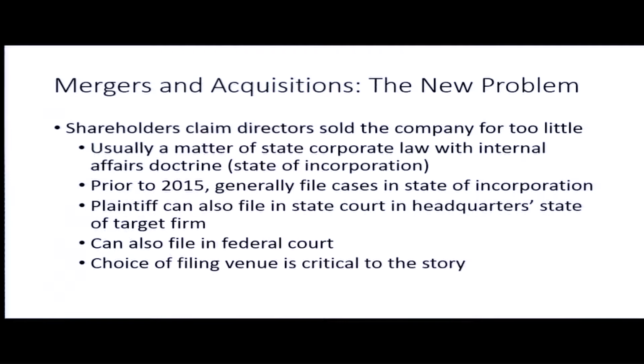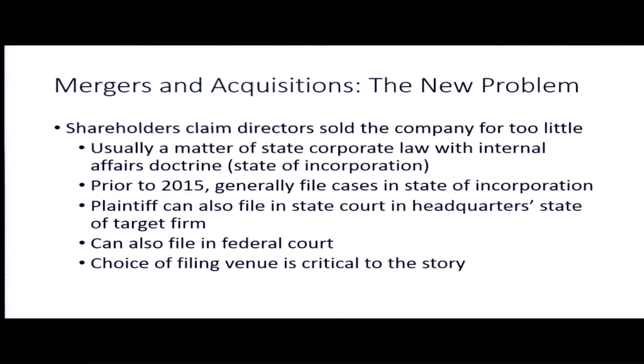But importantly also, there are other options. You can file in a headquarters state of that particular corporation, right? So in my example, the company is incorporated in Delaware, but it's actually headquartered, for example, in New York. You could bring your case in New York State Court if you wish to do so. Or you can also file in federal court, either by bringing your claim as a federal law claim.